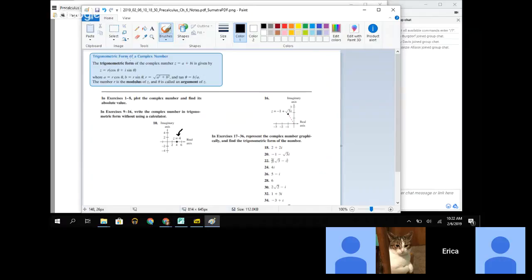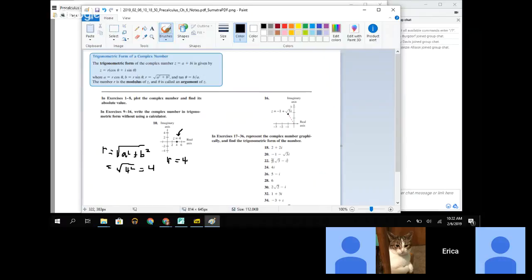You take the real component and square it, and add it to the complex component and square it. In this case, there's no complex component, so it's the square root of 4 squared, which is just 4. So r equals 4.